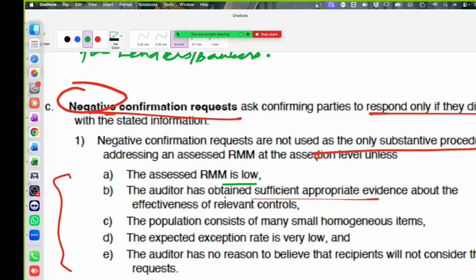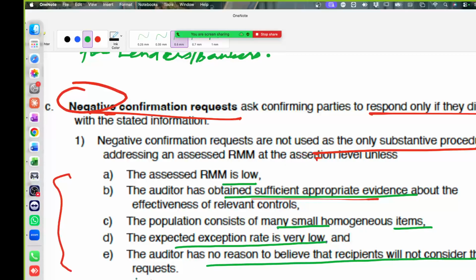If the auditor has already obtained sufficient evidence, many small items, small balances, expected exception rate is very low, no reason to believe that recipients will not consider the requests.